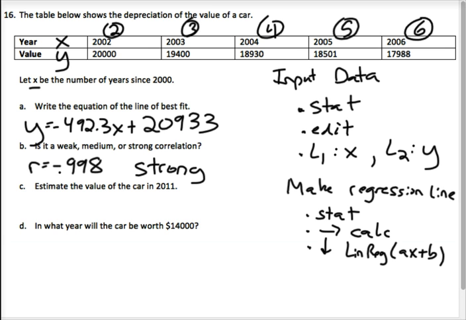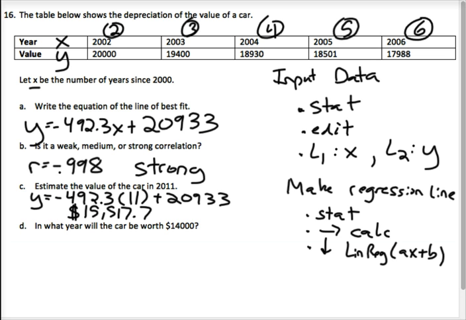So what you need to do is plug in 11 for X. Because 2011 represents an X value, and they want the Y value. So when you plug that in, what you end up getting is in 2011, the car will be worth $15,517.70.